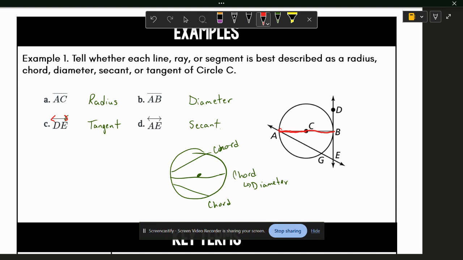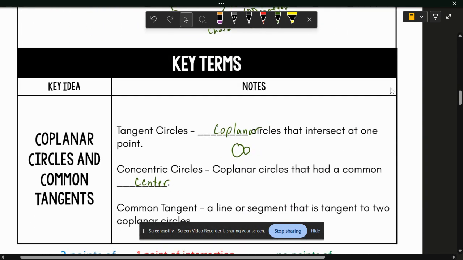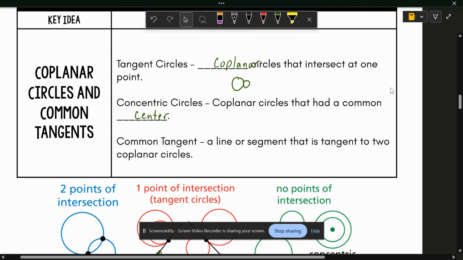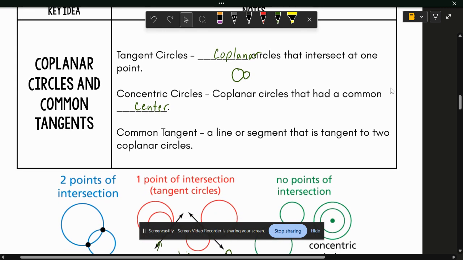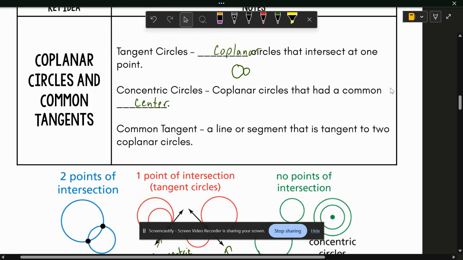Then we talked about the different types of chords that you could have. If you take a look at those, I made a basketball setting, but chords could be anywhere as long as they're inside and they're line segments. I think this is about as far as we got last time. Tangent circles: we talked about coplanar circles that intersect at one point.